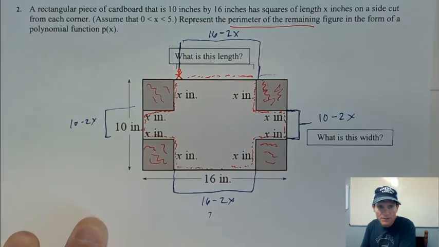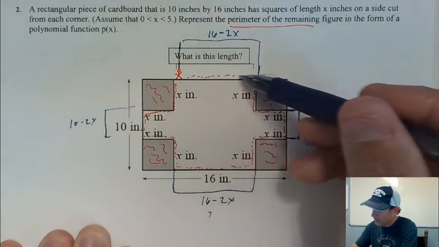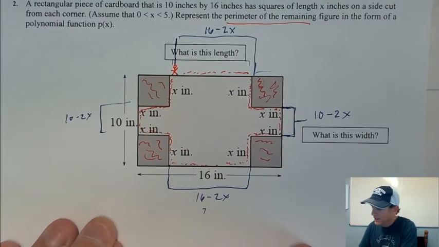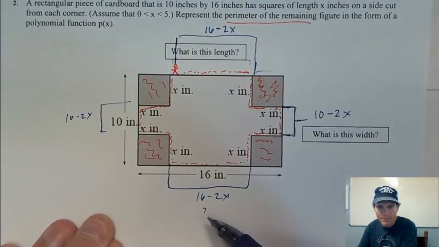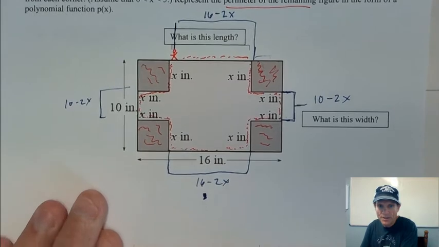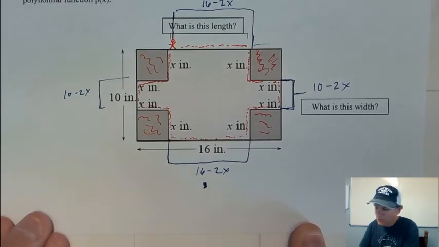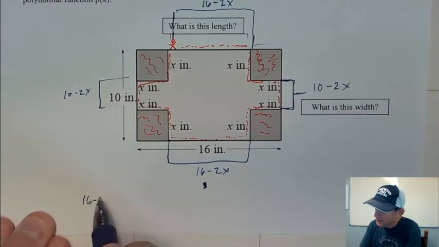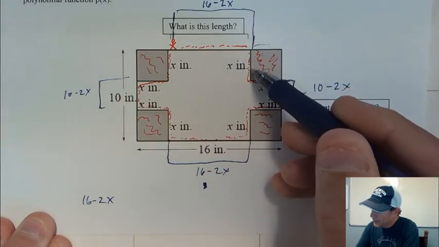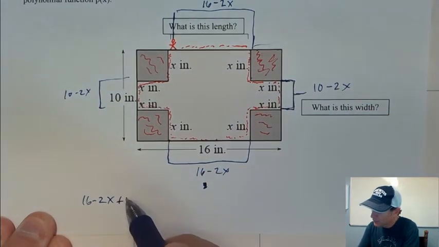So let's think about walking around this figure. I would go 16 minus 2x, right? I'm going to scribble this little 7 out here so it doesn't get in our way. The first piece I would walk would be 16 minus 2x. That would be this length. Then I'm walking x, so I'm going to put plus x.